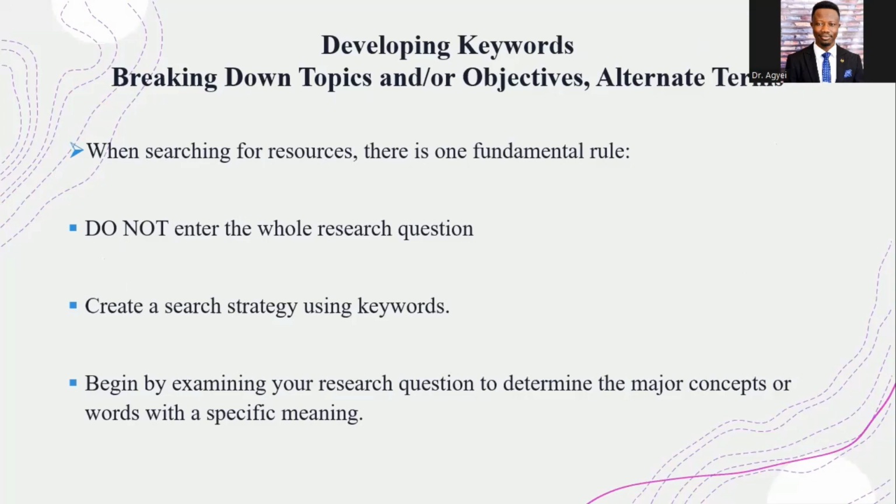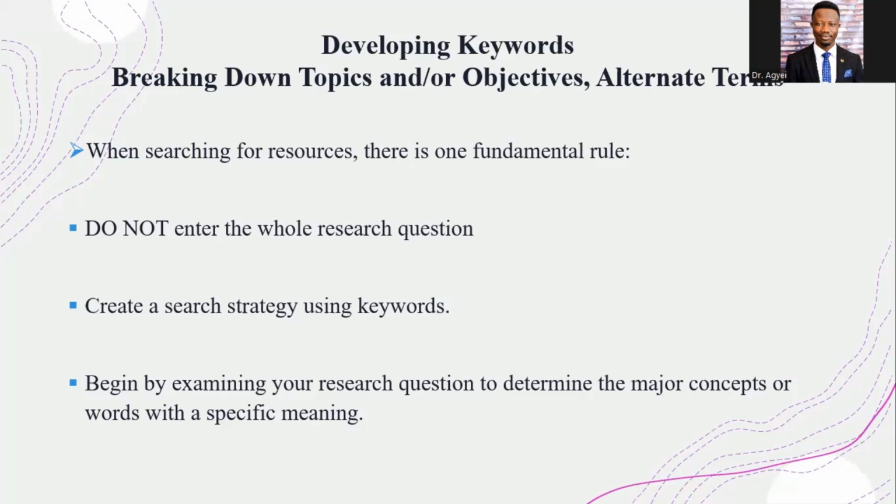For now, what we need to look at is how we tailor our search in a search engine so that it gives us the appropriate results that we need for our studies. So for instance, you have your topic, or maybe your research question. How do you go about the search? What keywords do you need to use?